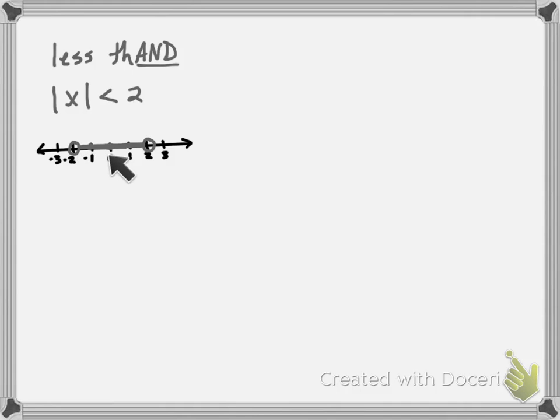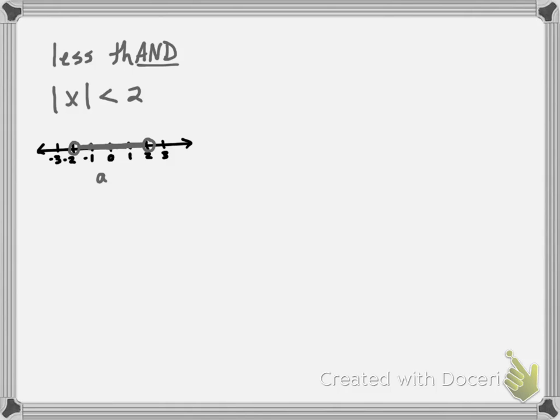So this is what this absolute value would look like. This is why a less than symbol with an absolute value causes you to have an and statement. Because these are the numbers that have an absolute value of less than 2. They are the inside numbers, or the middle numbers, if you think of the number line as having 0 in the middle. The numbers in the middle have less value because they're closer to 0. So less than would have to be a piece of the middle.